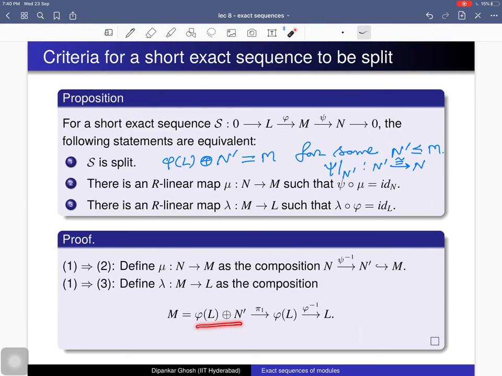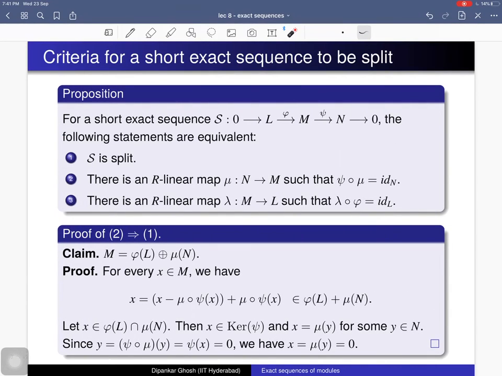Then from phi of L to L you can consider phi inverse, because from L to its image that map is an isomorphism. If you change its codomain to phi of L, then this map is an isomorphism. So, phi inverse starting from phi of L to L makes sense, and then you can consider their composition. Again by construction of this lambda, you can verify that lambda compose phi is just the identity map on L.